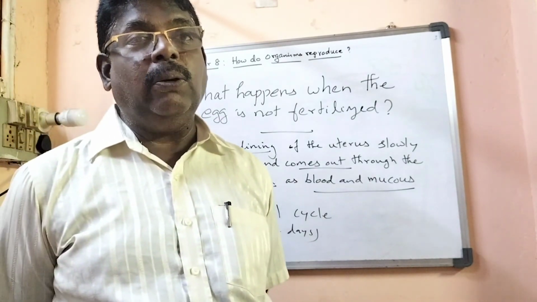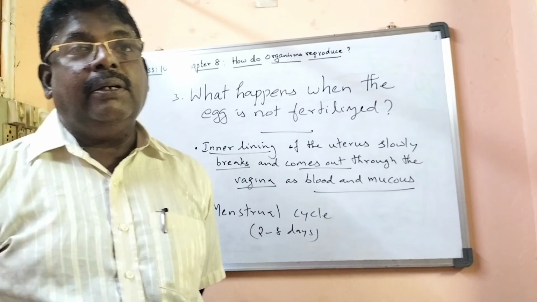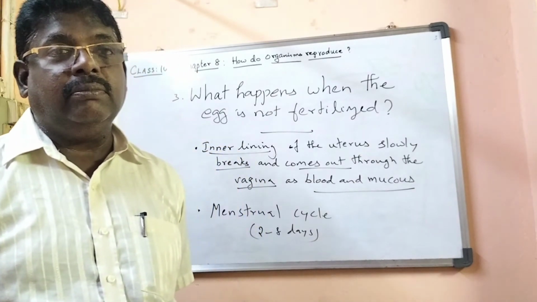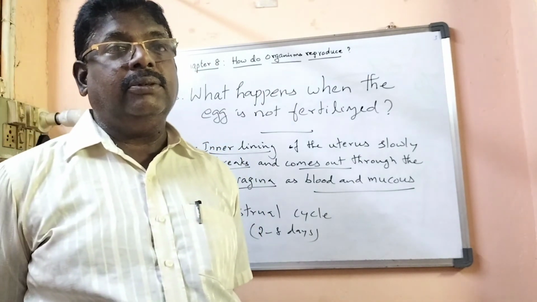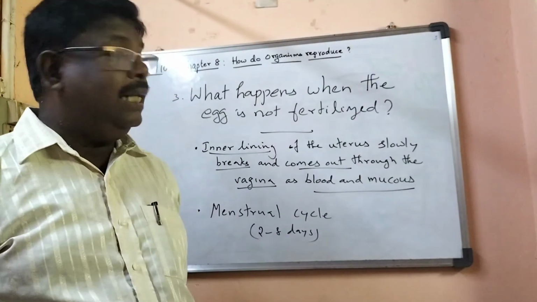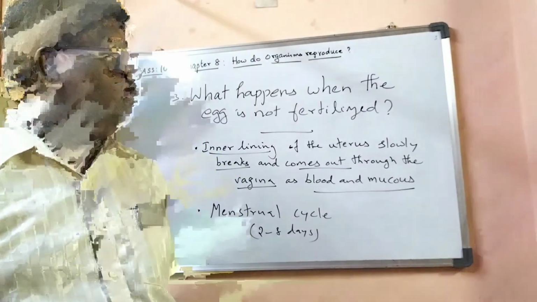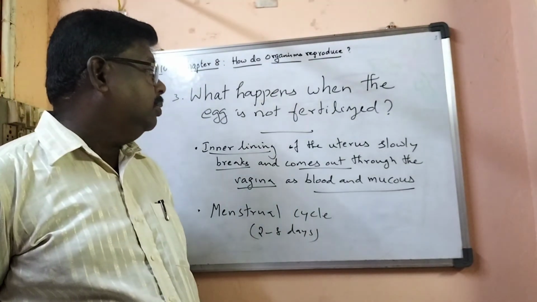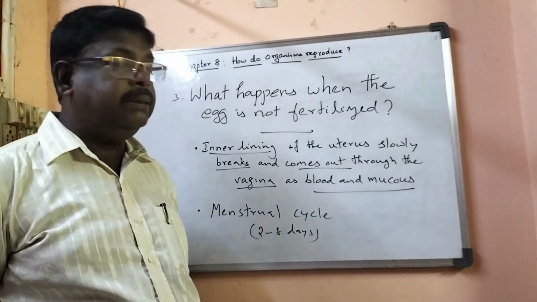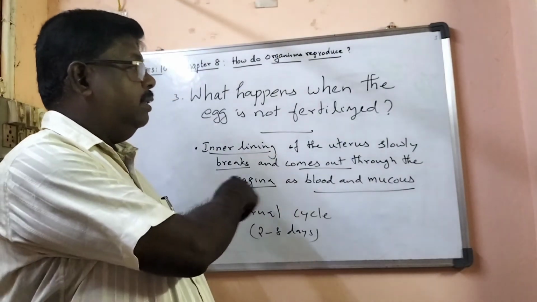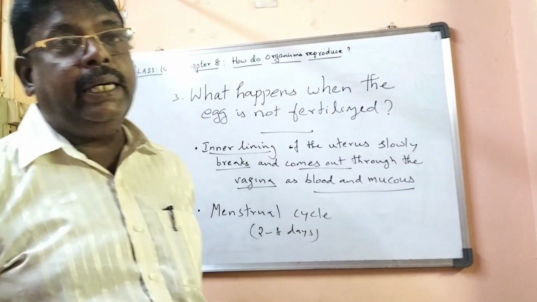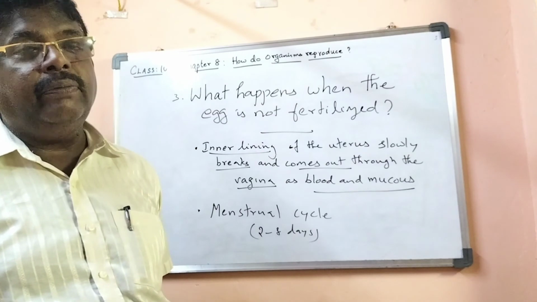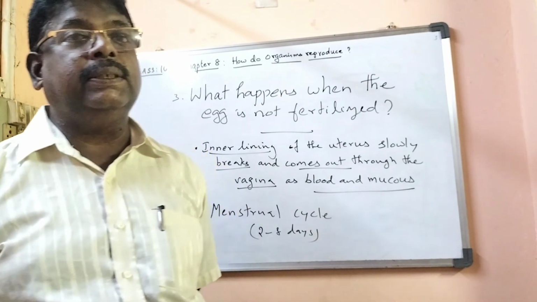Now, the egg is not fertilized. So what will happen? The lining of the uterus slowly breaks and comes out through the vagina as blood and mucus.